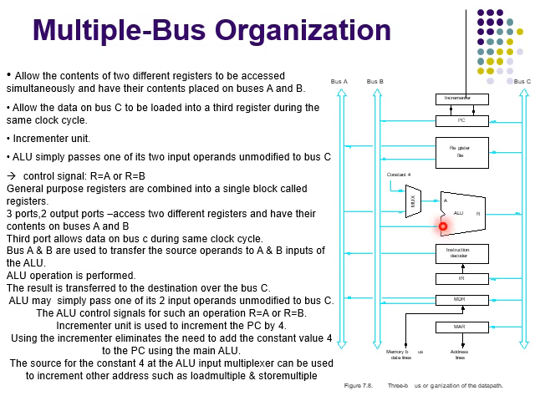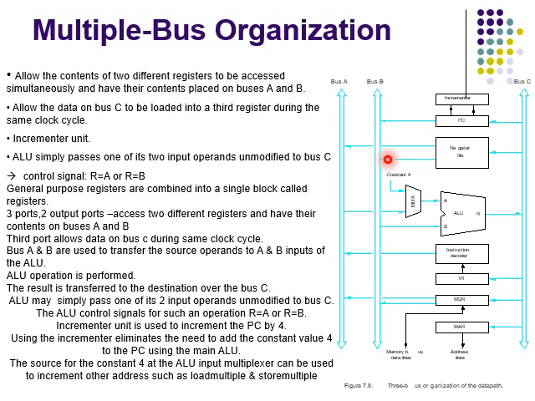Buses A and B are used to transfer the source operands to the A and B inputs of the ALU, where an arithmetic or logic operation can be performed.